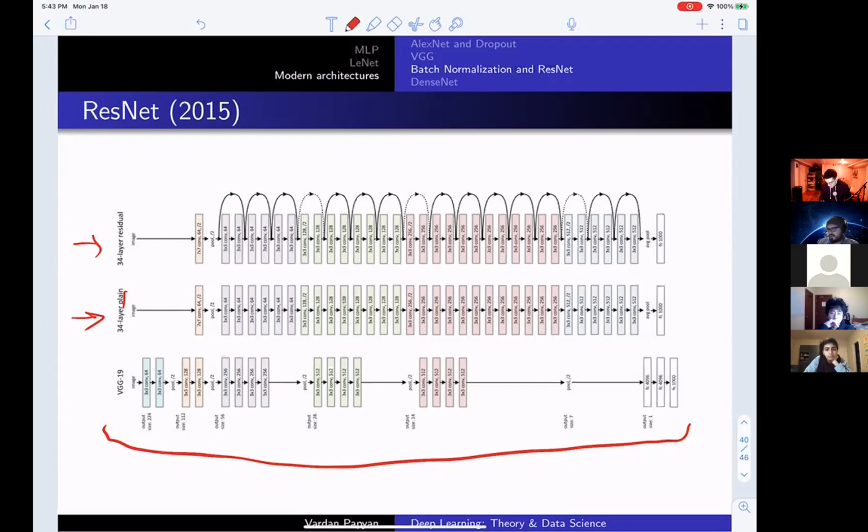Now, notice again that at this point in 2015, people have already converged to choosing the hyperparameters in a very systematic manner. So you start with 64 channels, then you have here 128, then you have 256, and then you have 512, right? And I guess the only hyperparameter left is how many times you repeat the convolutional layers.